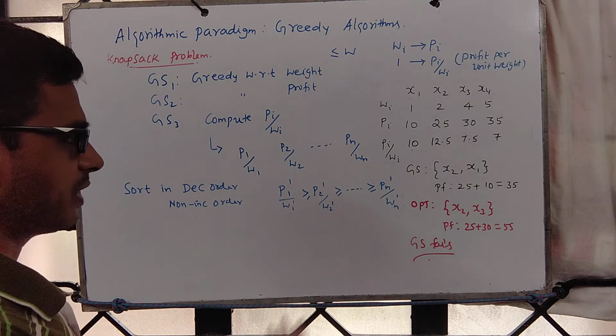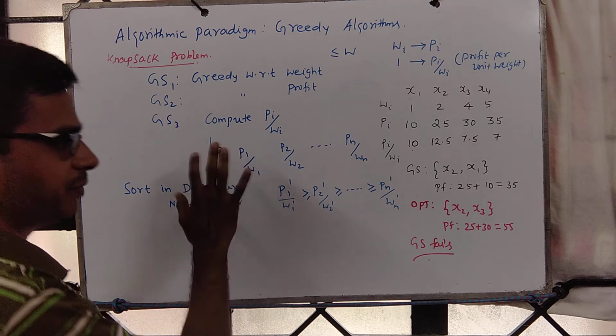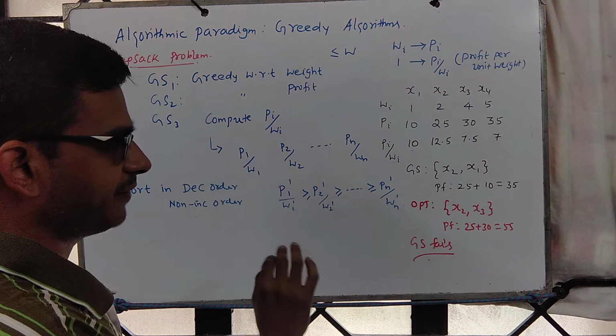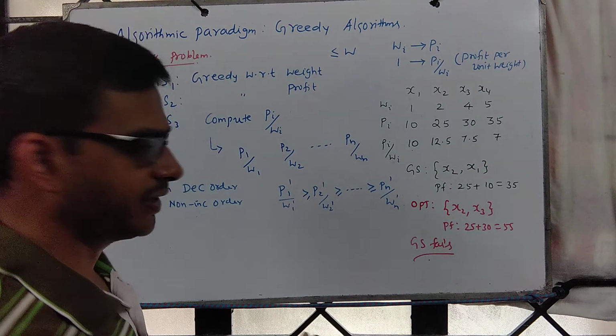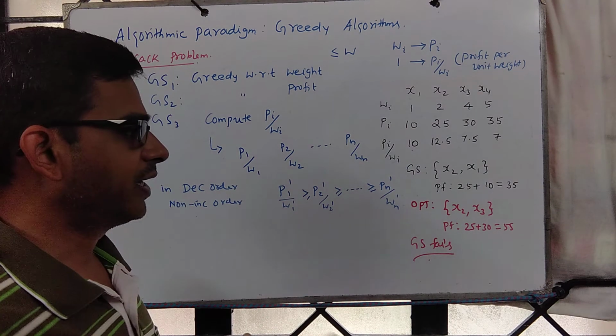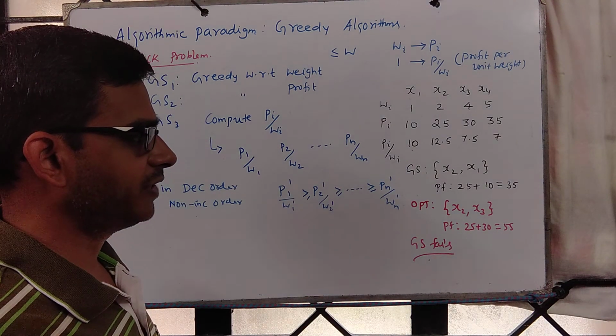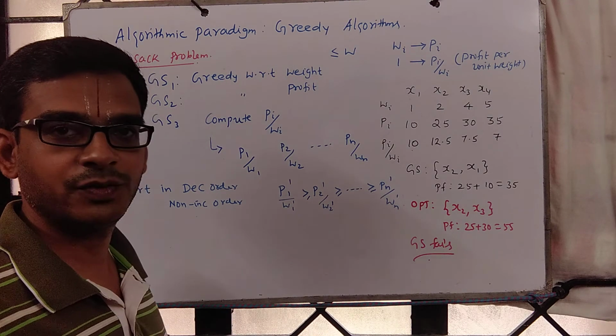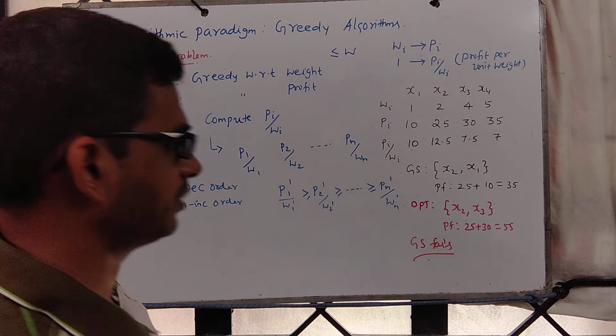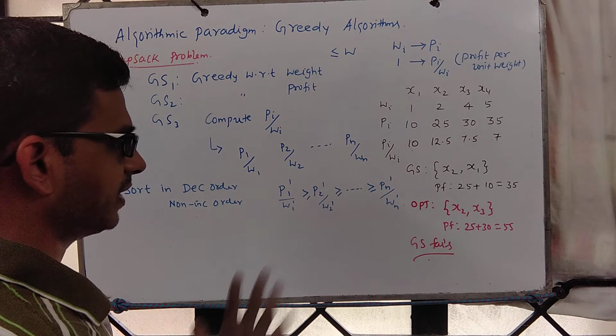And one can explore a couple more, but by looking at the problem, this is all one can do. Greedy with respect to weight, because we look at the problem and identify the parameters involved, and based on that we decide greedy with respect to parameter 1, parameter 2, and greedy with respect to some function of parameter 1 and 2 and so on. So all that we have done.